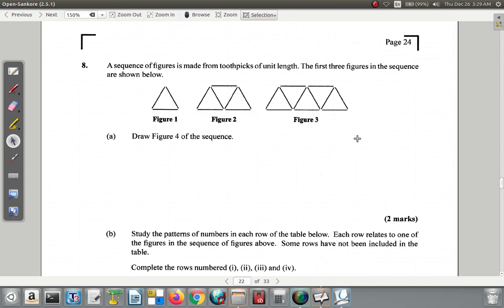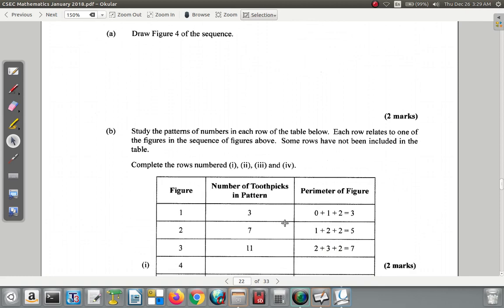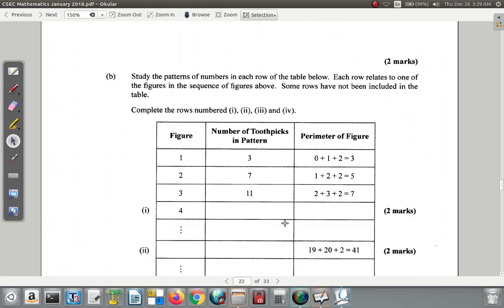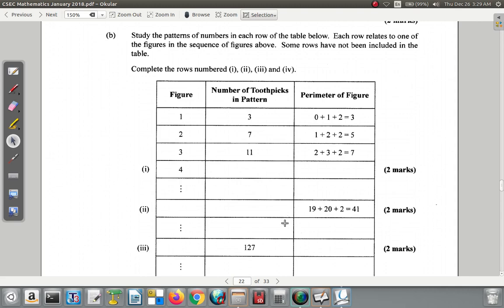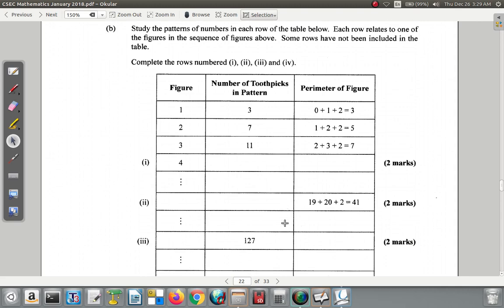We look at part B of the question now. It says, study the patterns of numbers in each row of the table below. Each row relates to one of the figures in the sequence of figures above.